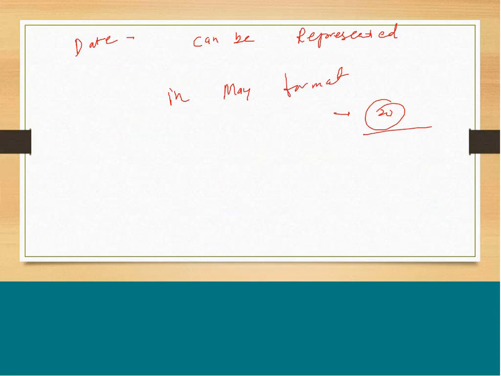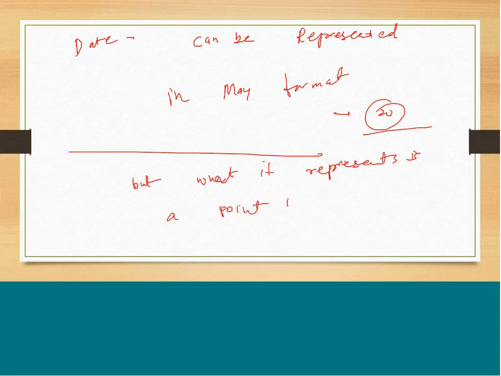So a particular date can be represented in many formats. There are around 20 formats. It can be represented in many formats, but what it represents is a point in time.